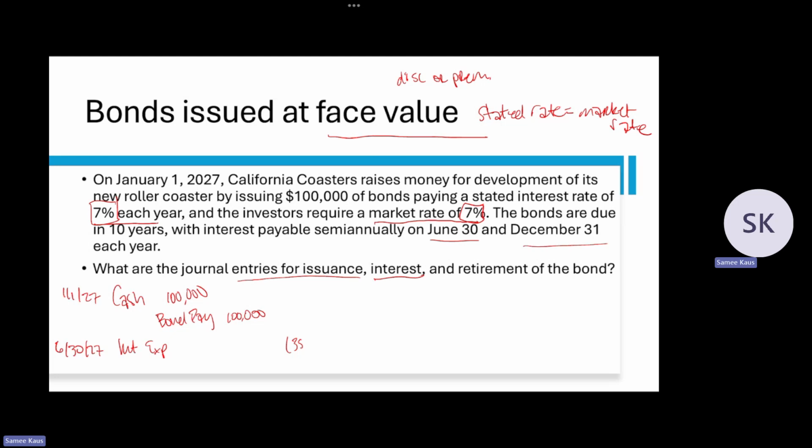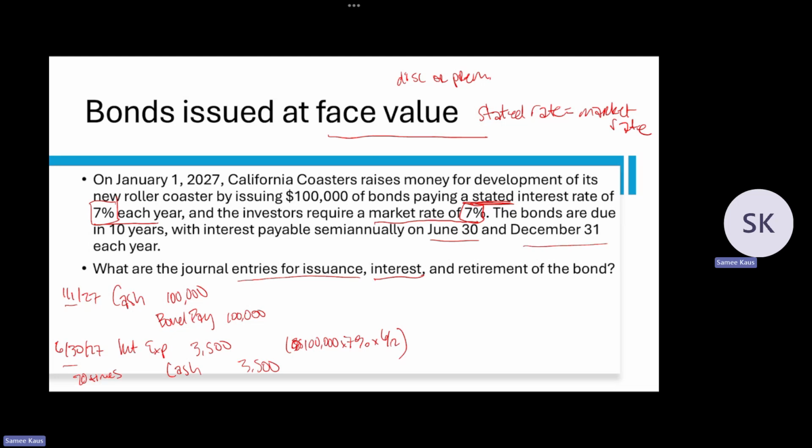I have 100,000 multiplied by my stated rate of 7%, multiplied by 6/12 because it's outstanding from January 1st to June 30th. So I have $3,500 in interest expense, and it's payable, which means I am paying cash out for the same amount. Again, I'm going to book this journal entry 20 times. I'm going to recognize interest expense 20 times over this 10-year bond.